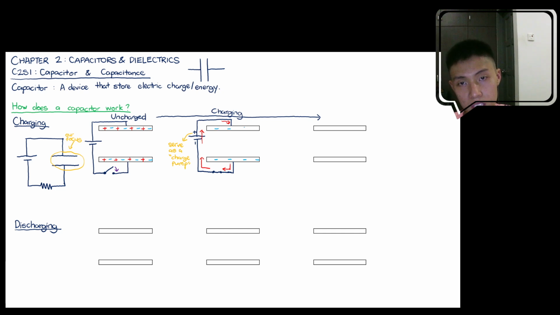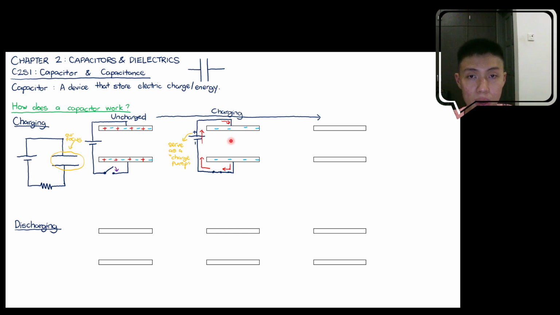The negative charges remain the same, but positive charges are being pumped out of the lower plate, drawn out of the lower plate by this battery, or charge pump. Then they will be pushed into the upper plate over here.